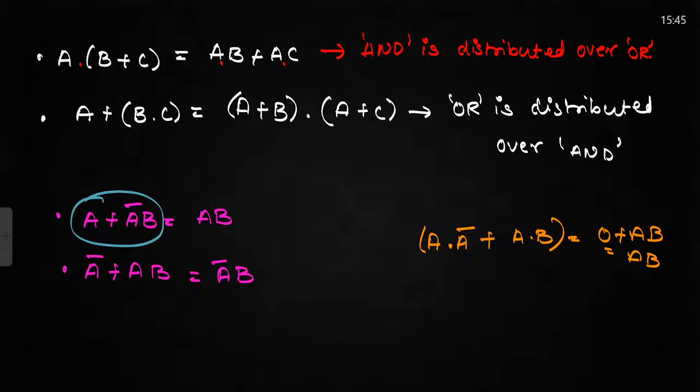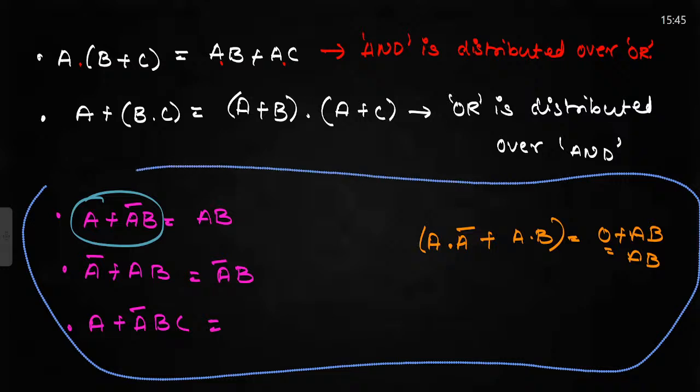Okay, now let us understand with the same example. If I am having A plus A bar B, sorry, I have made one mistake.